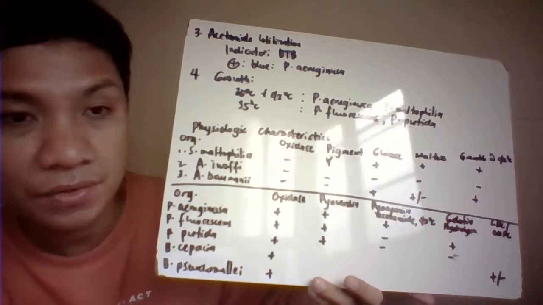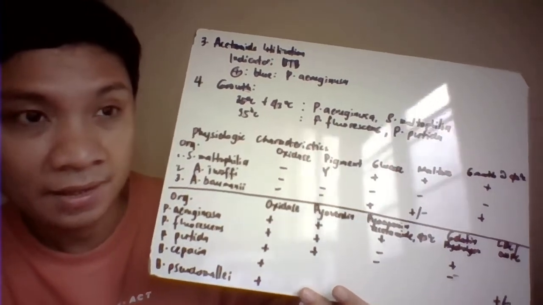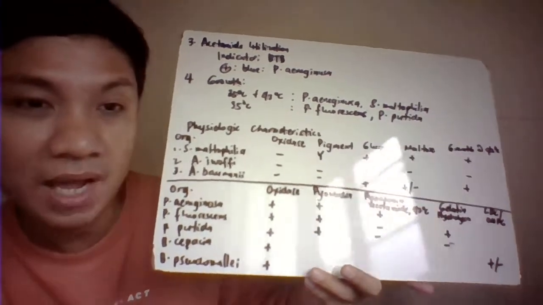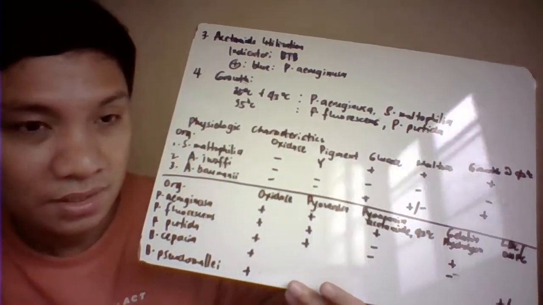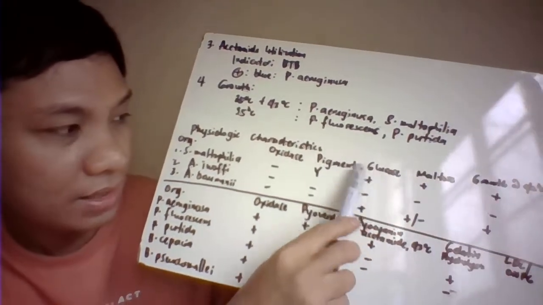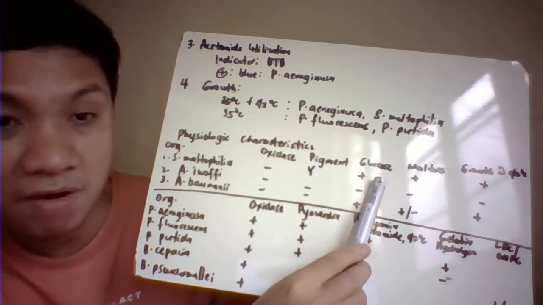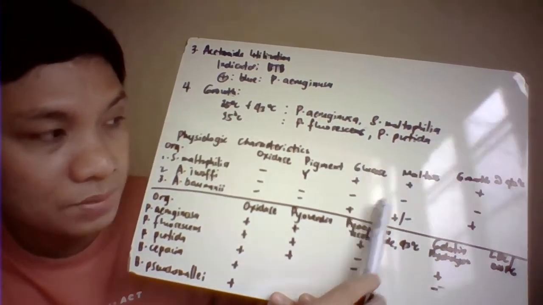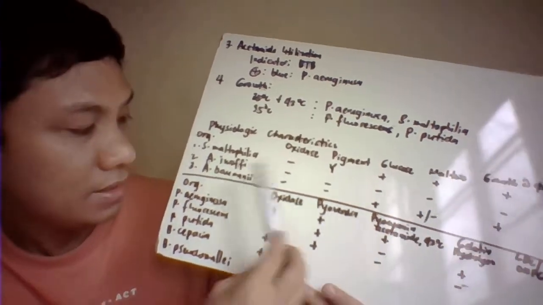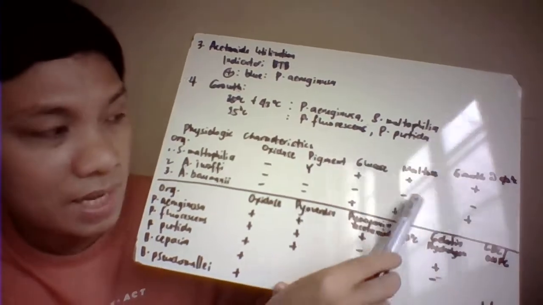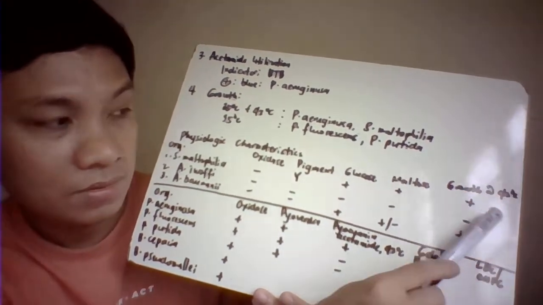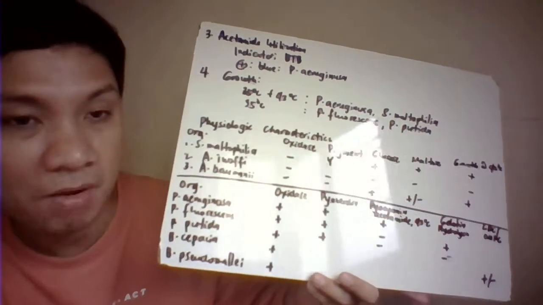For glucose utilization, they are oxidizing your glucose, not fermenting, except lwoffii, which is asaccharolytic. They oxidize glucose and maltose, so maltophilia, yes. Baumannii is possible, but most likely it's more of the maltophilia. Growth at 42: maltophilia again, and also baumannii.